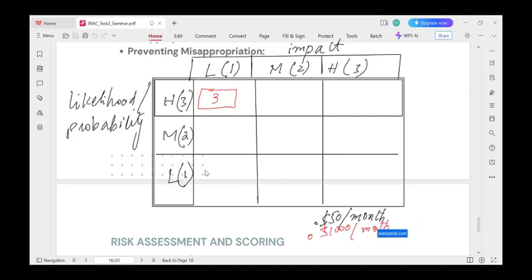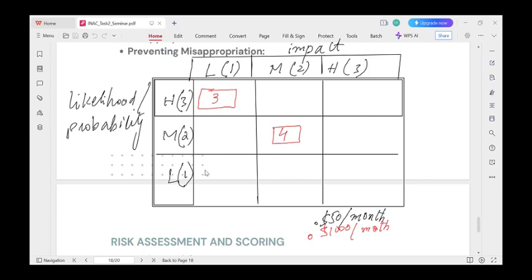It's a small company, 1,000 matters. But the likelihood is low, all right? So we are in this area in terms of likelihood, and the impact is medium as well, which means we are in this box. 2 times 2 is 4.